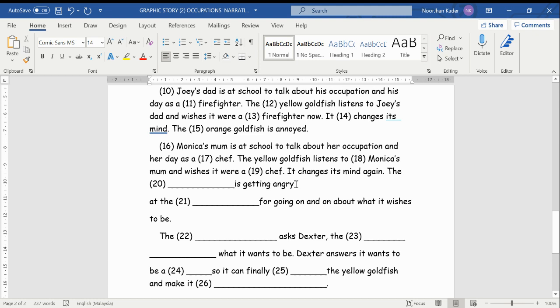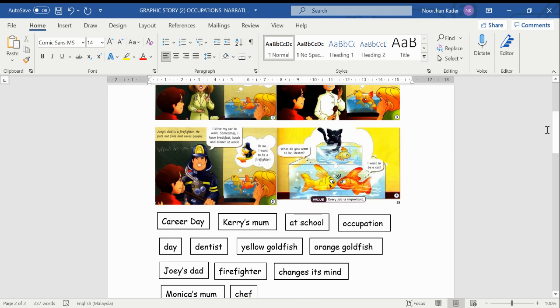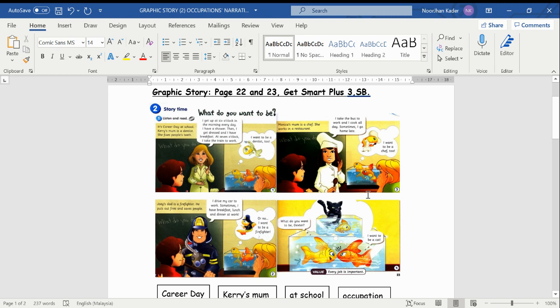First, the orange goldfish just now gets annoyed, so the eyes become wide open. And now it's no more looking at the other side. Firstly, it was backing, not really looking at the yellow goldfish, but backing away from him.